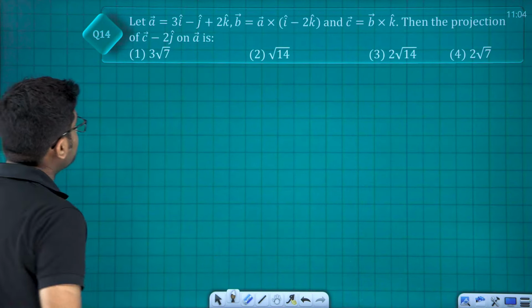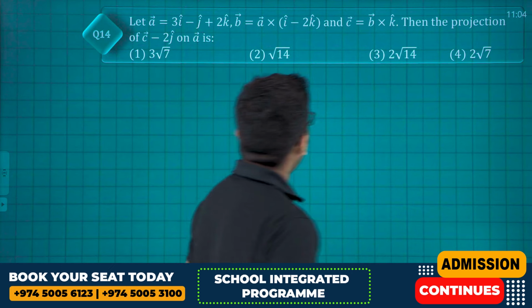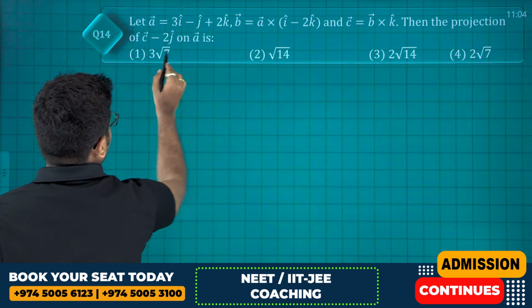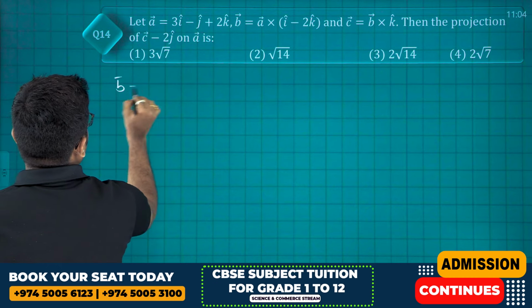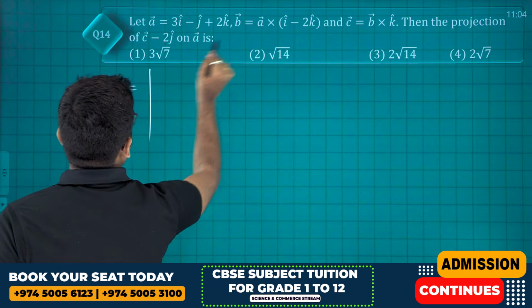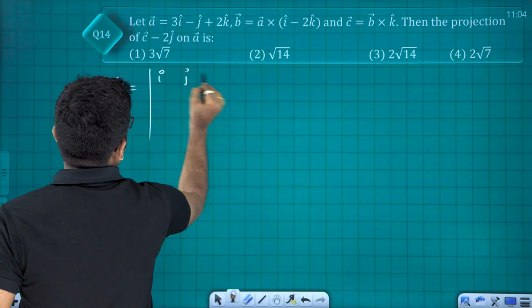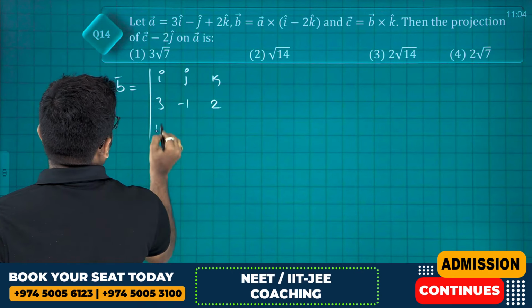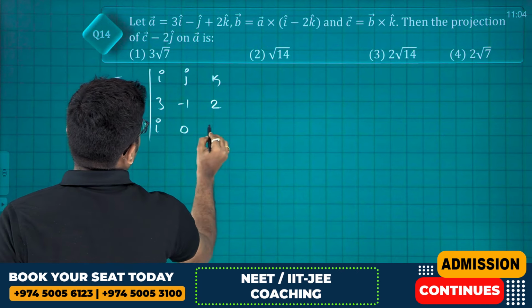Next question. A bar is given, B bar is given, and C bar is B bar cross something. First we will find B bar. B bar is nothing but the cross product of A bar and i minus 2k. So that is the determinant with i j k, 3 minus 1 2, and 1 0 minus 2.